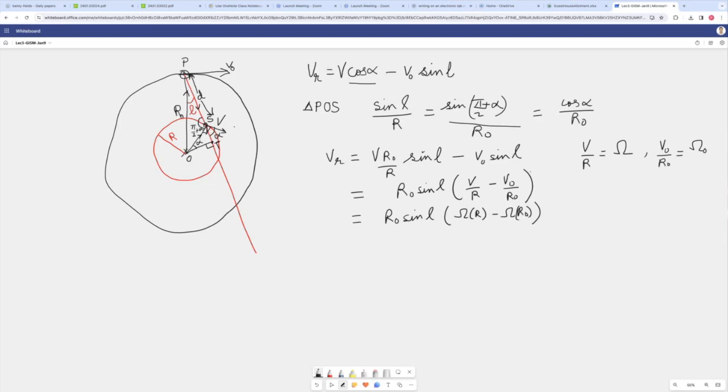Now, how do we make progress? What we are interested in is knowing about the rotation curve of the Milky Way, and also about the differential rotation, the state of stellar motion around the location of the sun.